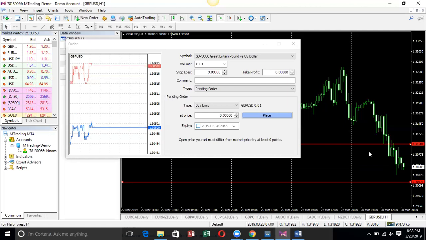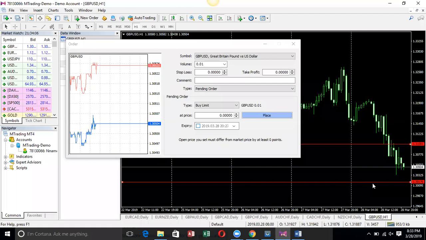Then after you've gotten your at price, use your at price to work out your take profit and stop loss. Remember, we've treated take profit and stop loss.